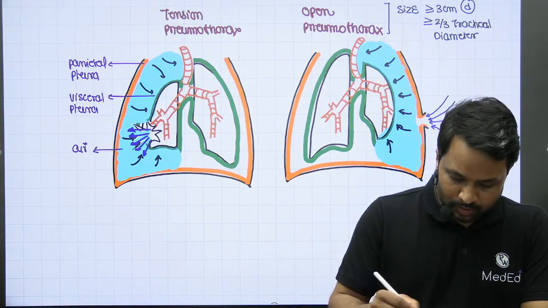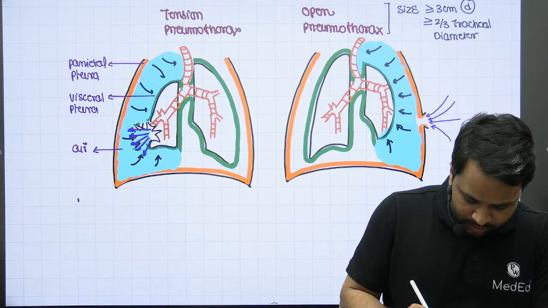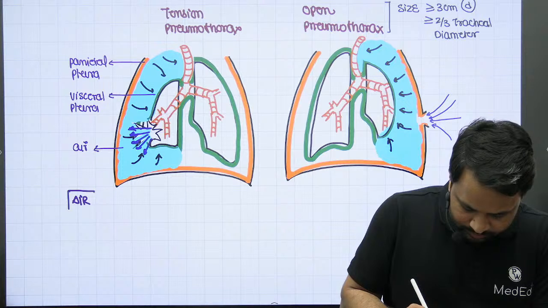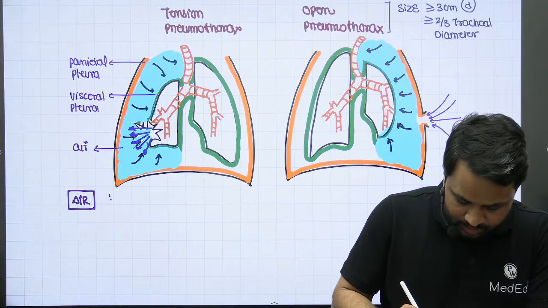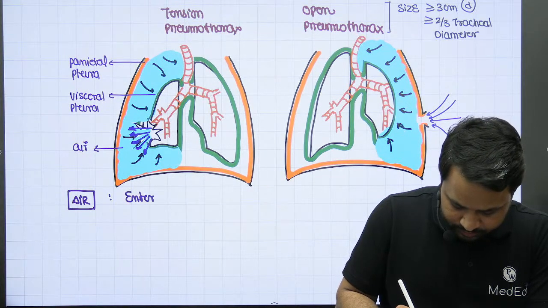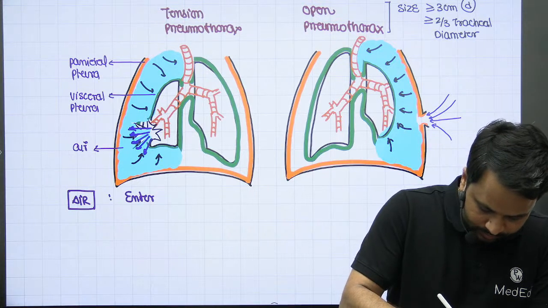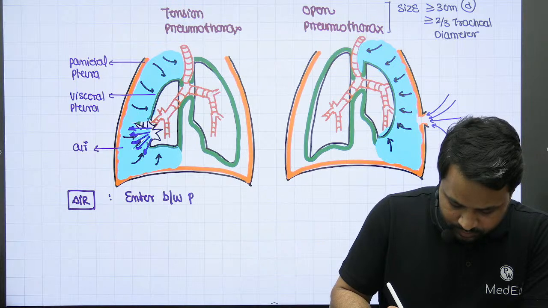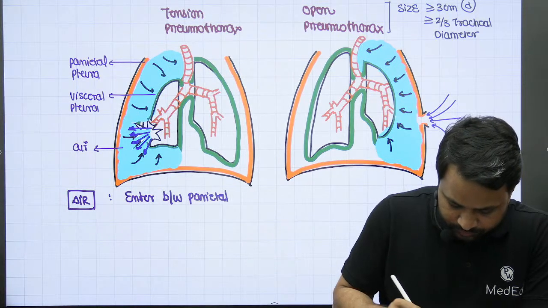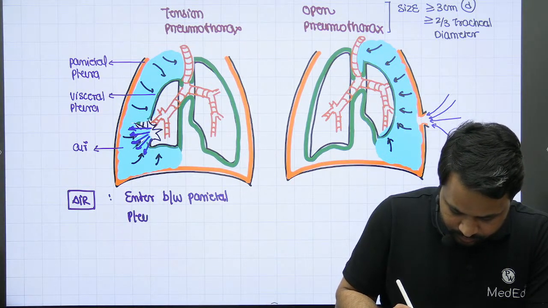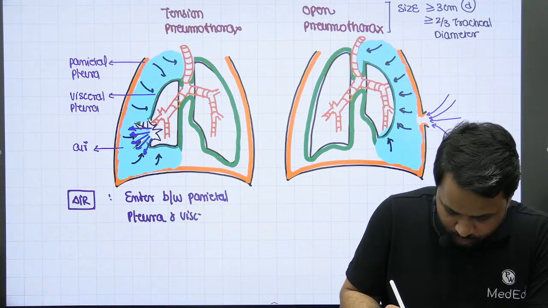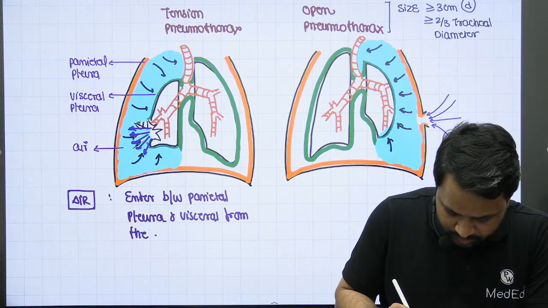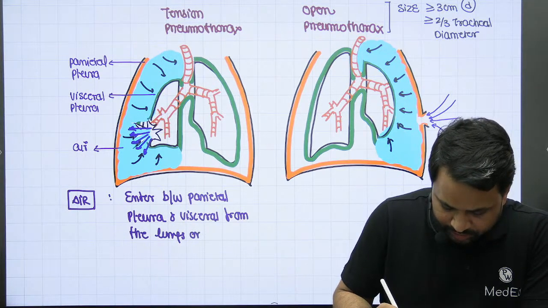So when you talk about the air entry in a tension pneumothorax, here air is going to enter between parietal pleura and visceral pleura from the lungs or the tracheobronchial tree.